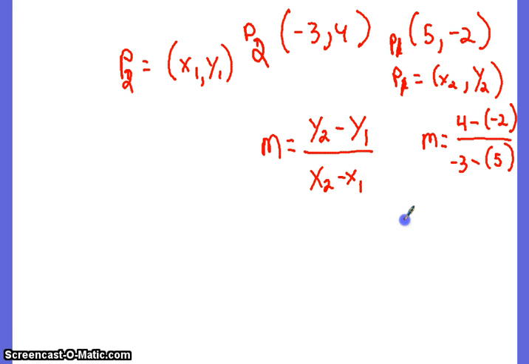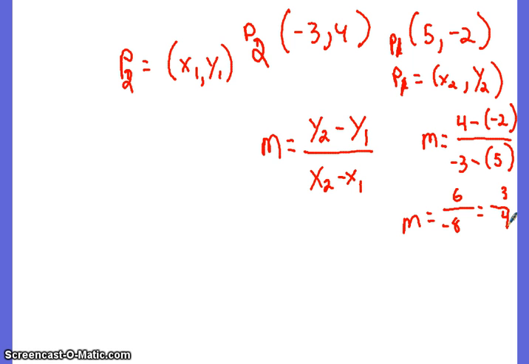When you do this, you get m equals 6, because 4 plus 2 is 6, over -3 minus 5 is -8. What do you end up with? -3/4, which is where we were the very first time. So that gives us the slope of the line, and with the slope of the line, you can actually find the distance between 2 points.